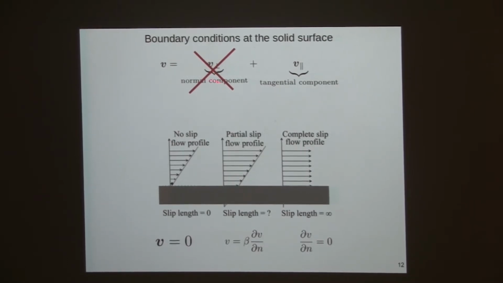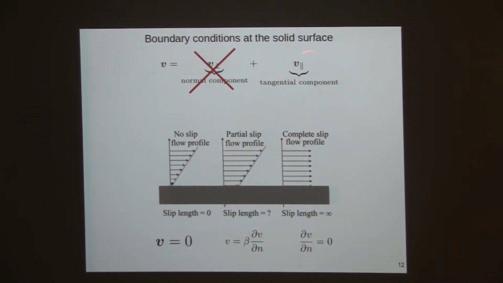One part is a normal component, so the velocity that is normal to the surface, and another one is the velocity that is tangent to the surface. And first, what we can say is that the normal component is always 0 because of the mass transfer. Your fluid molecules cannot penetrate into the solid. So this term is always 0.